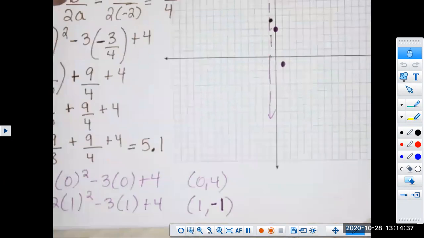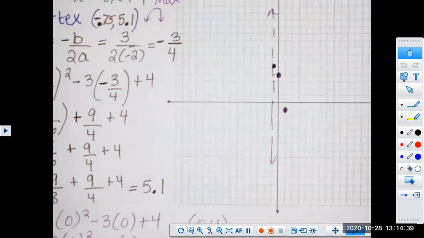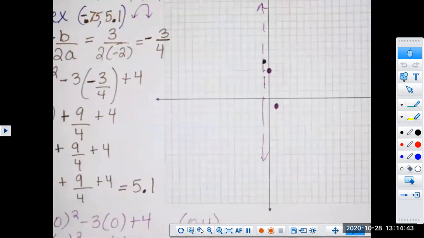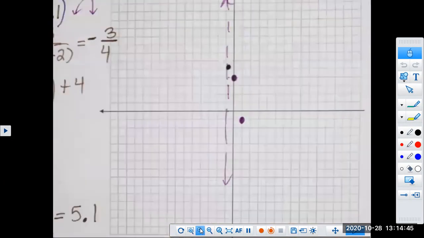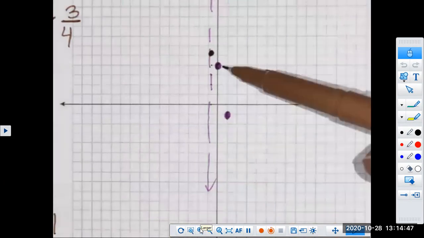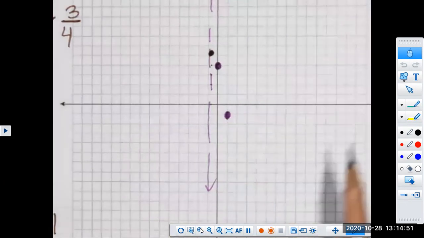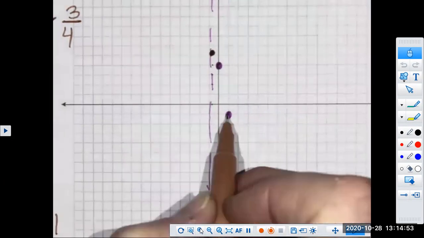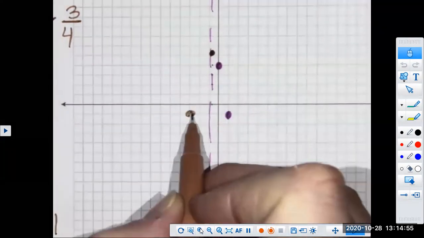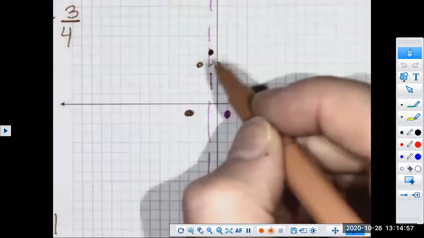Okay, go back up, plot your 2 points. So you had 0, 4 and 1, -1. Use your axis of symmetry. And then connect.